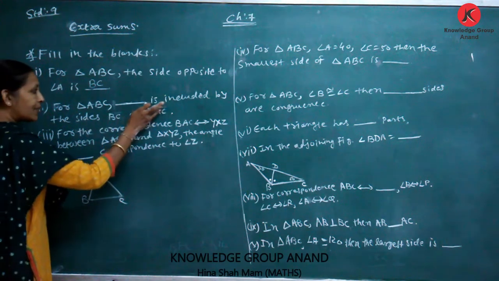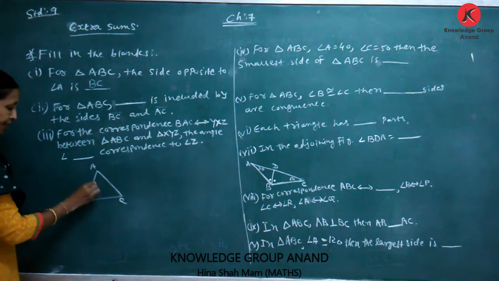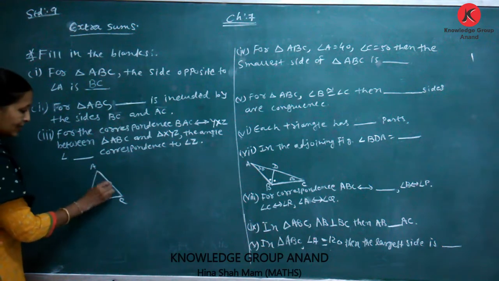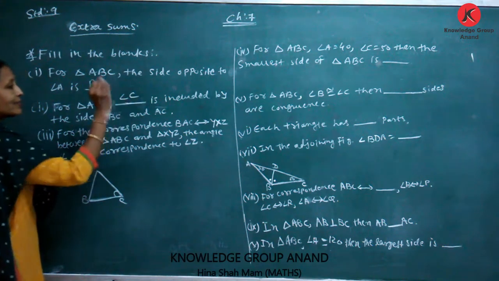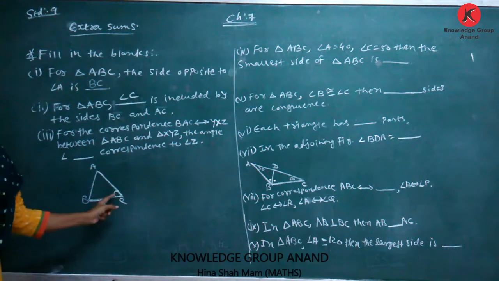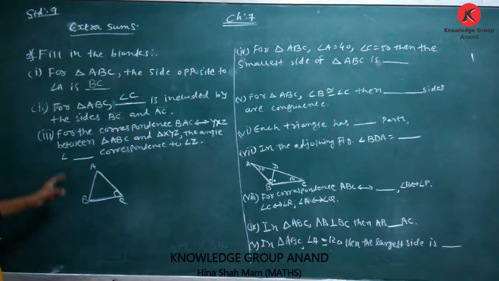Here I get BC and AC. What is included? Angle C. The included angle is angle C. For the correspondence BAC corresponds to YXZ.